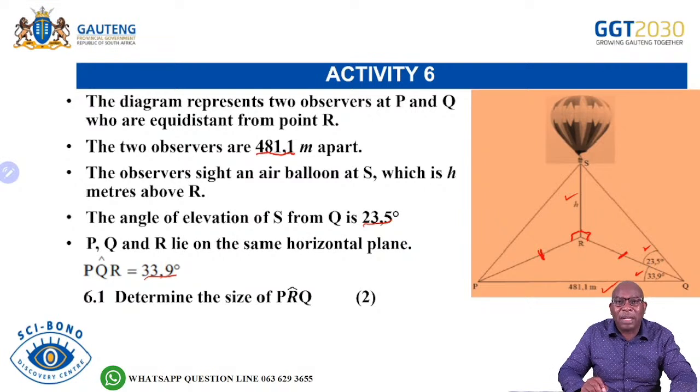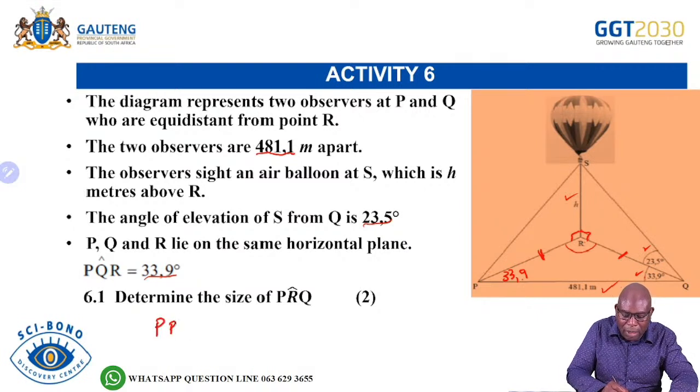And what do we call that triangle? Isosceles triangle, which means that that angle also will be 33.9. I need that angle here. So to get that angle must be easy. 180 minus this angle and that angle. Then my size of PRQ will be nothing but, if I subtract all these angles, I get 112.2 degrees.